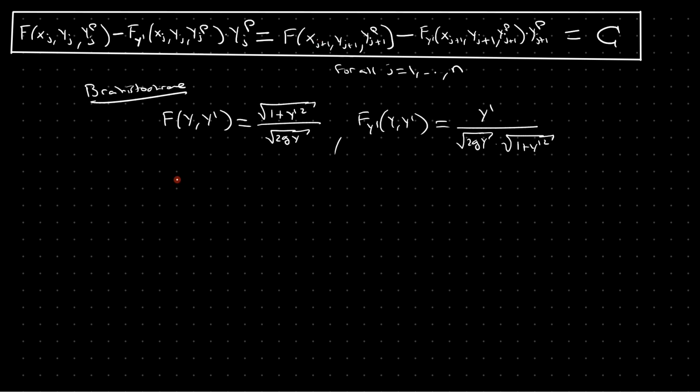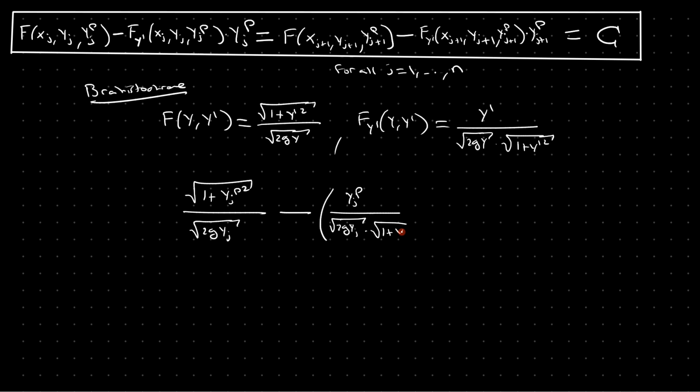So plugging in here gives us the square root of 1 plus yjp squared over the square root of 2gyj, minus fy prime, which is going to be yjp, because that's what we need to plug in here, over the square root of 2gyj times the square root of 1 plus yjp squared, times yjp.